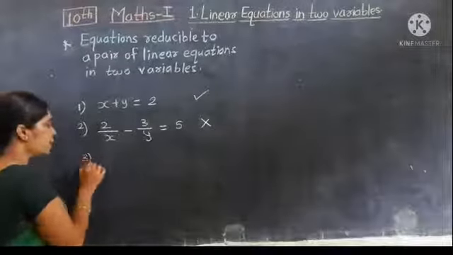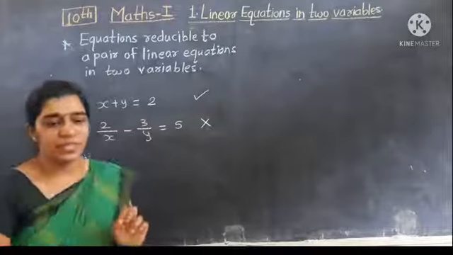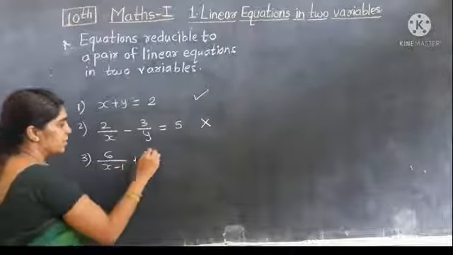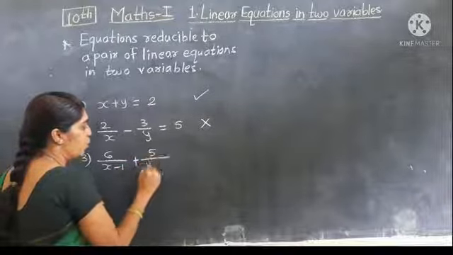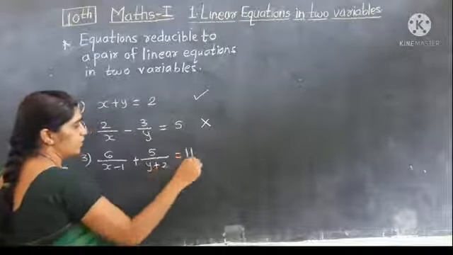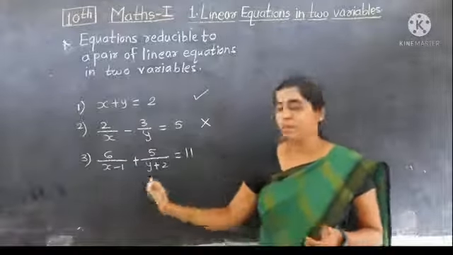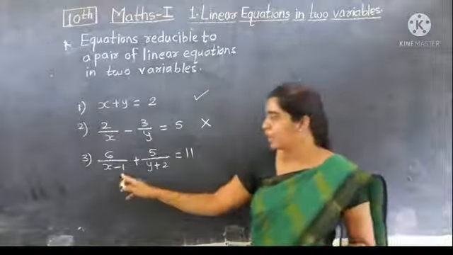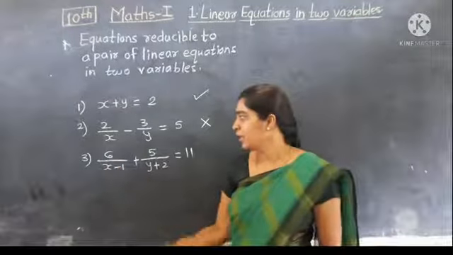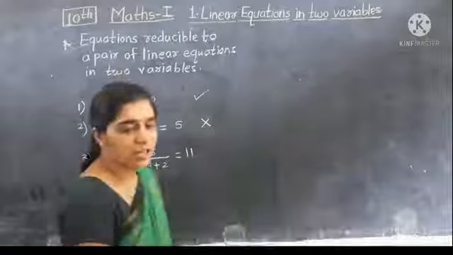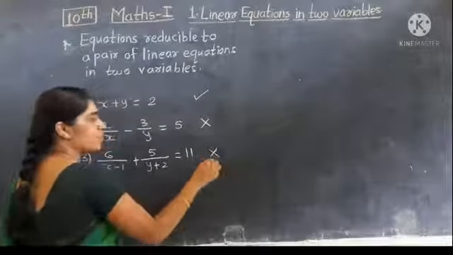Similarly, if I write 6 upon x minus 1 plus 5 upon y plus 2 is equal to 11, here also you observe that there are two variables present, but its degree we cannot define here. It is not a linear equation in two variables.